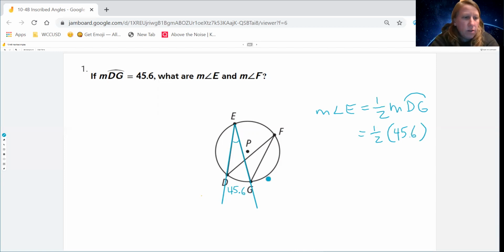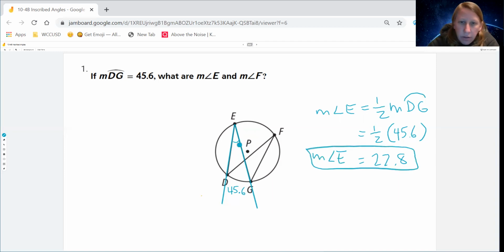So I'm going to do 45.6 divided by 2, which is 22.8. So I'll put that in a box. The measure of angle E is 22.8. I can put that on the figure. It's kind of small, so I'll put a little arrow, 22.8 degrees.